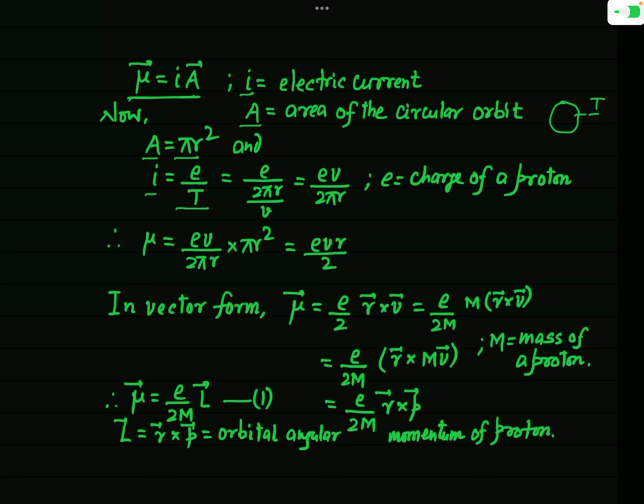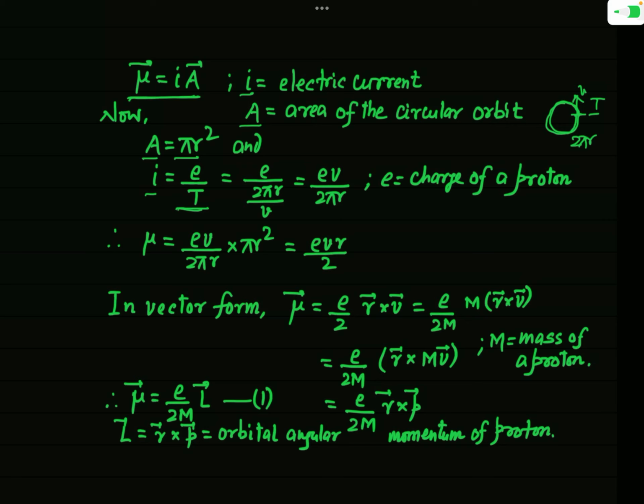Through any section of this orbit in time T, charge e will flow, so current will be equal to e by T. But what will be T? T is the time taken by the proton in circulating once along this orbit. So in one revolution, you know, the proton will cover a distance 2 pi r. And this distance the proton covers with a constant speed v.